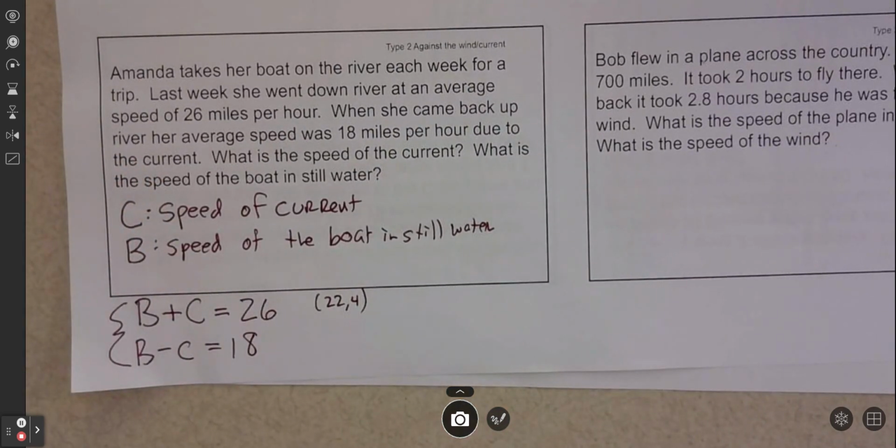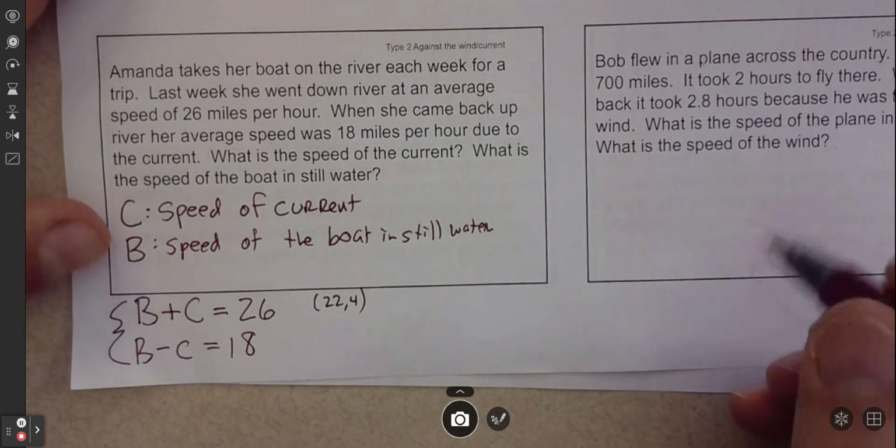And I don't know about you, but it's pretty obvious which one has to be faster, the boat or the current. Try that again. Which one's got to be faster? The boat. The current can be faster, but if it is, you're going backwards. She couldn't go back.